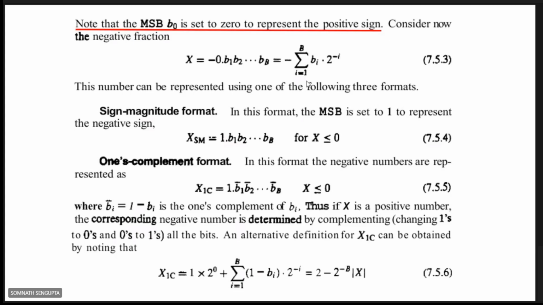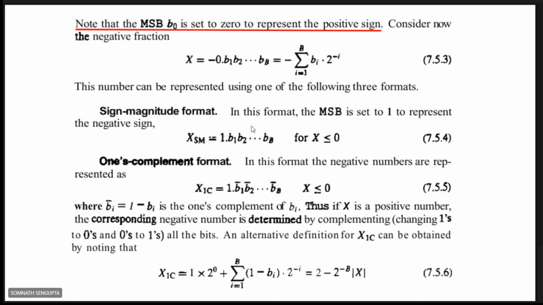Okay. In the case of sign magnitude form, your number is, say, 0 point b1 b2, or 0.1111 kind of thing.